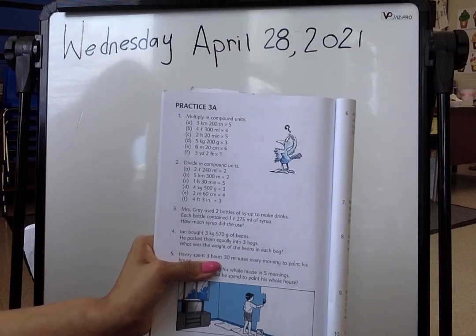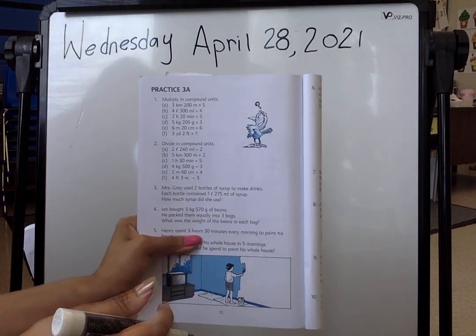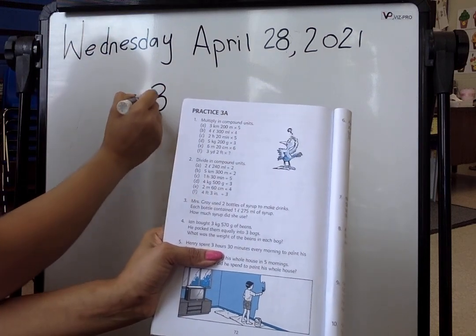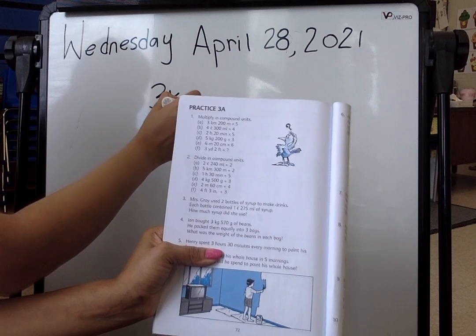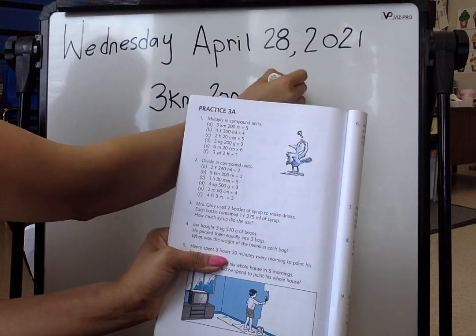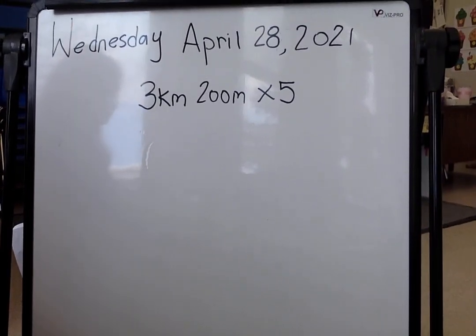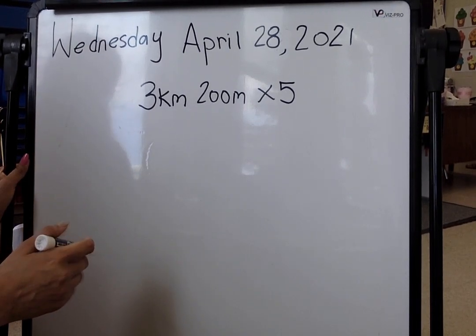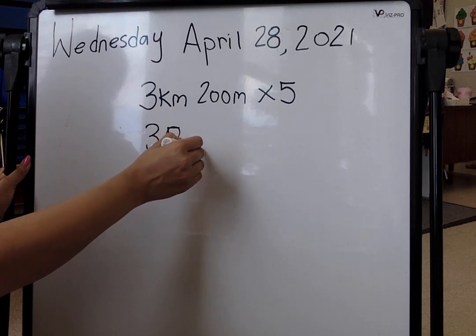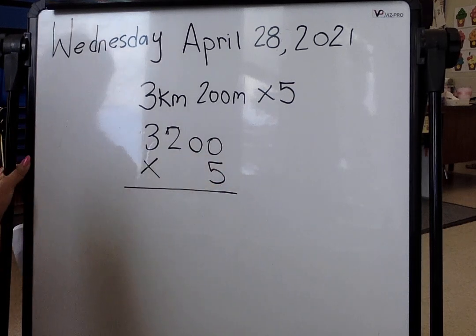So let's go ahead. I'm going to give you your numbers, and then you're going to go ahead and multiply or divide. So the first question is 3 kilometers and 200 meters times 5, right? So that means we have to multiply 3,200 times 5.